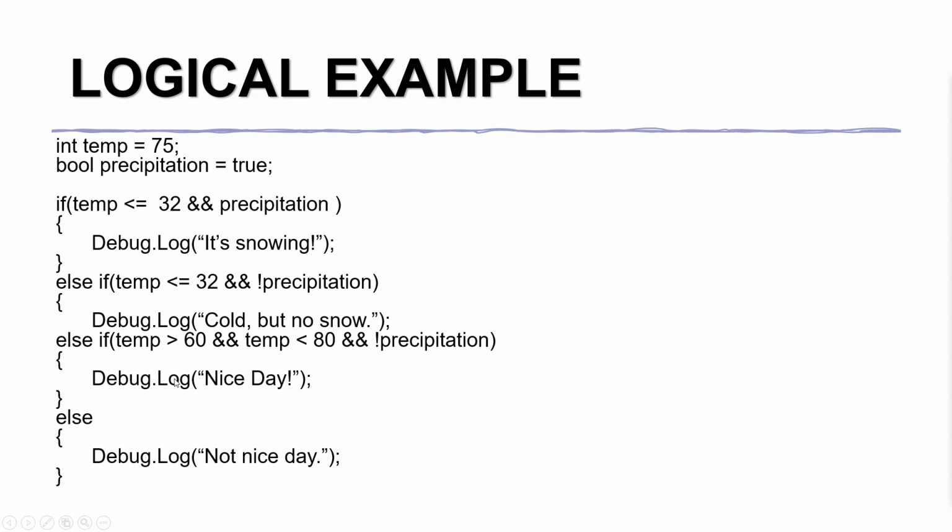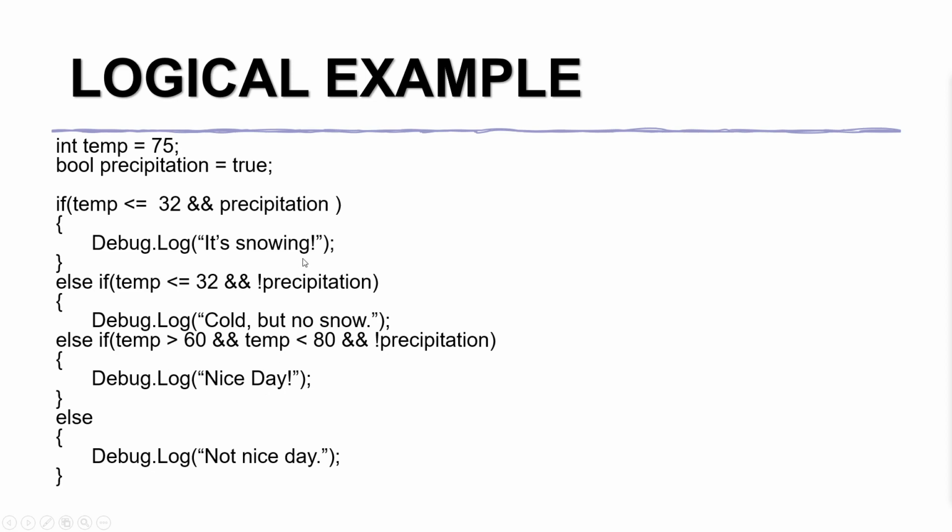So what happens if the temperature is either greater than 80, maybe it's less than 60, maybe it's in that range, but we have precipitation? Maybe it's hot, maybe it's really hot, maybe it's cold, all that stuff.